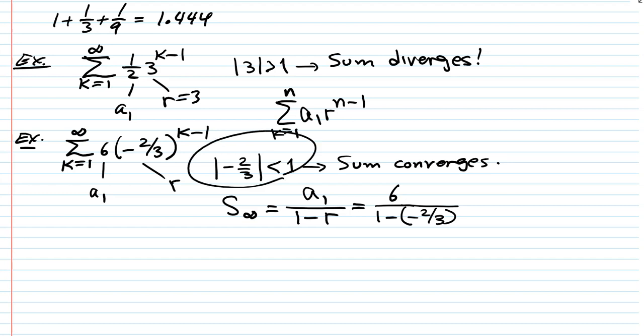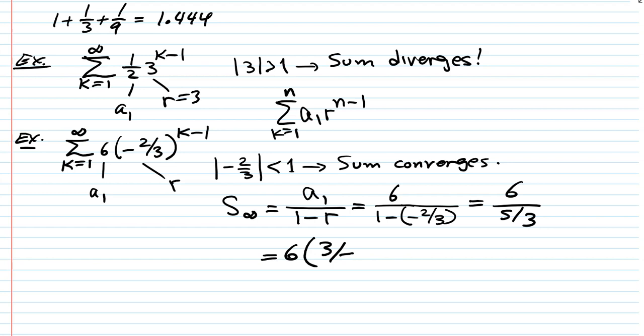We only use the absolute value of r to determine the convergence or divergence of the series. Now, 1 minus negative 2/3, that's 1 plus 2/3, that's 1 2/3 or 5/3. Invert and multiply, we get 3/5. And 6 times 3/5 is going to be 18/5.